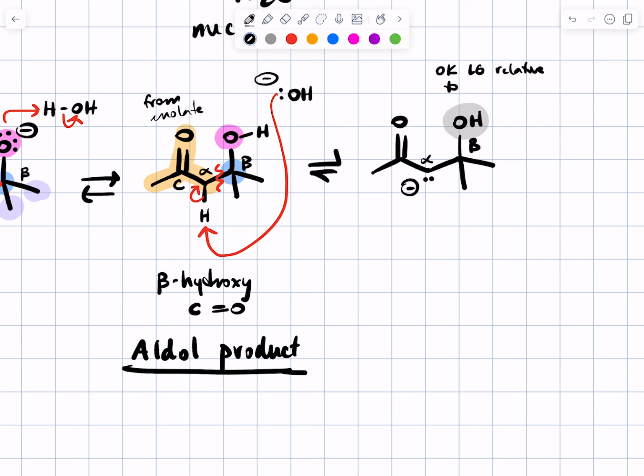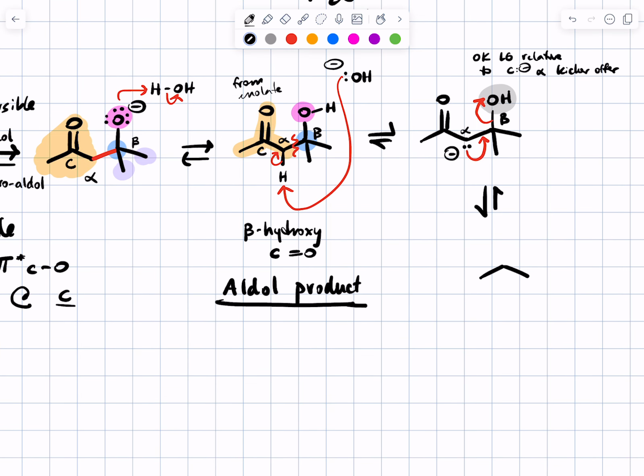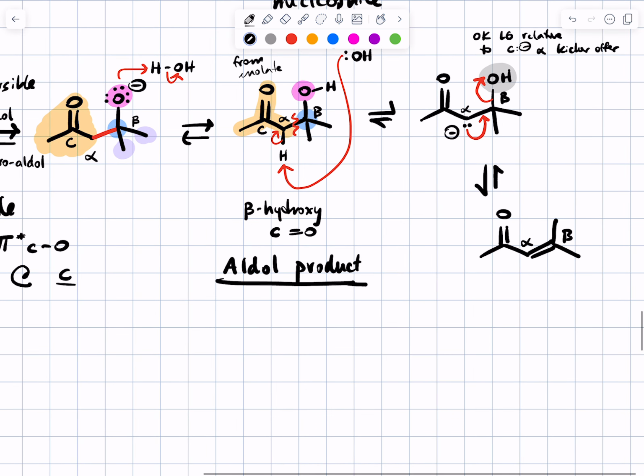So what we're going to do now is basically an elimination reaction in which the electrons on the enolate kick down and OH leaves, and that will give you the following product where now there is a double bond between alpha and beta carbons. This is the so-called alpha-beta unsaturated carbonyl compound.